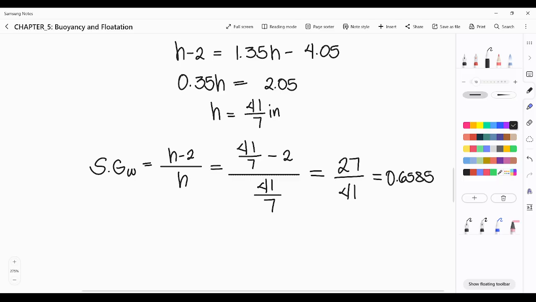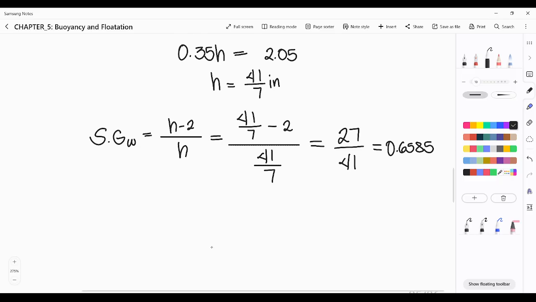So this is the specific gravity of wood. Let's just write it down here. The specific gravity of wood is 0.6585. Ayan, that is our final answer, mga kasama.